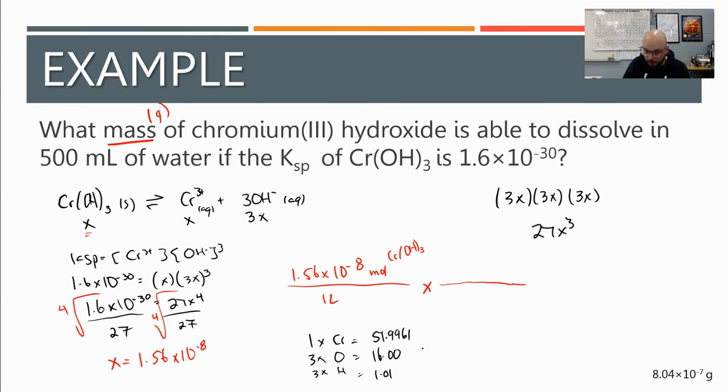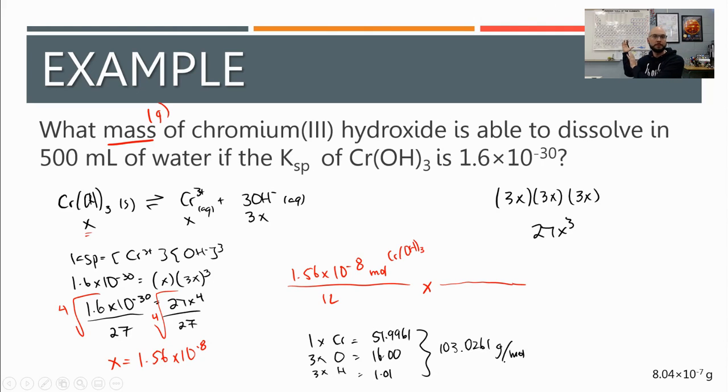So 51.9961 plus 3 times 16 plus 1.01 times 3 equals 103.0261 grams per mole.